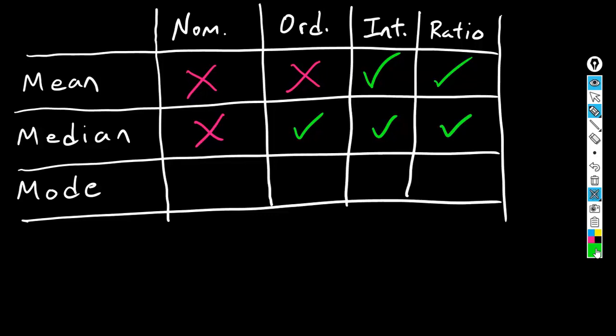Last but not least is the mode. This is the simplest and also the most widely available. You can apply this to really anything, any kind of data. We've got our four levels of measurement here, and it's going to work for any one of those. If you've got nominal data and you want a measure of central location, the mode is really your only bet.